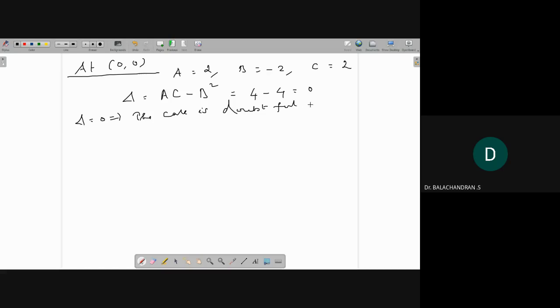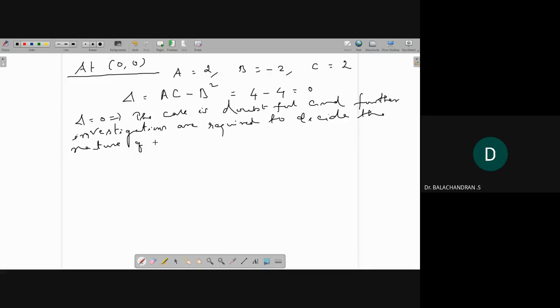Doubtful, and further investigations are required to decide the nature of f(x, y) at (0, 0).